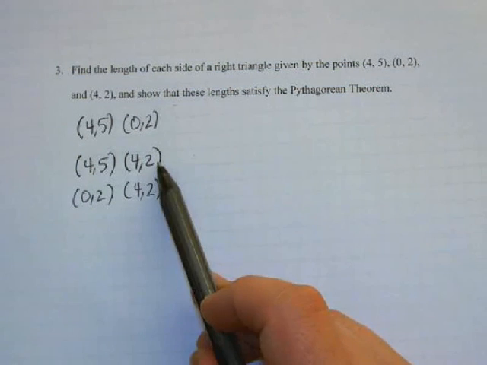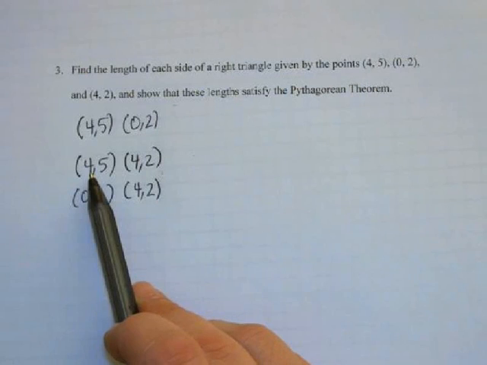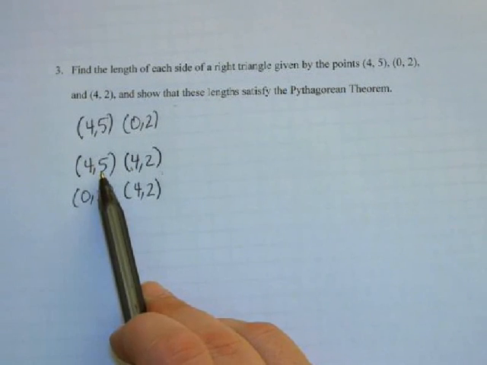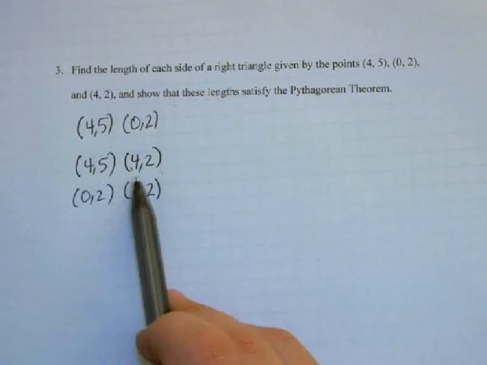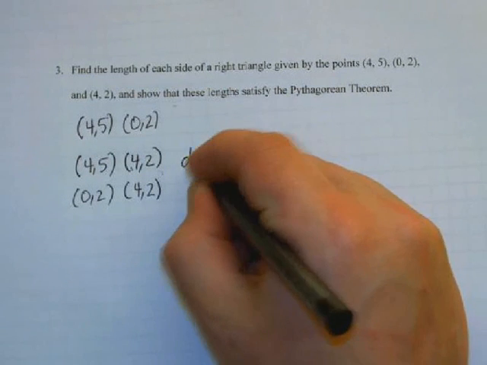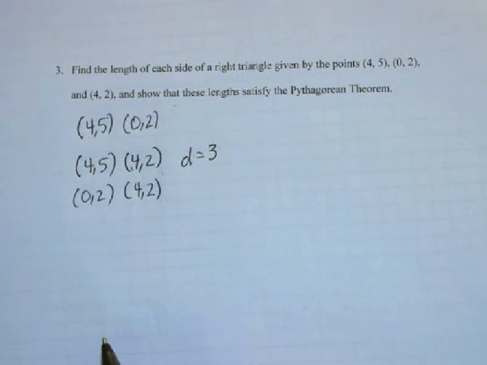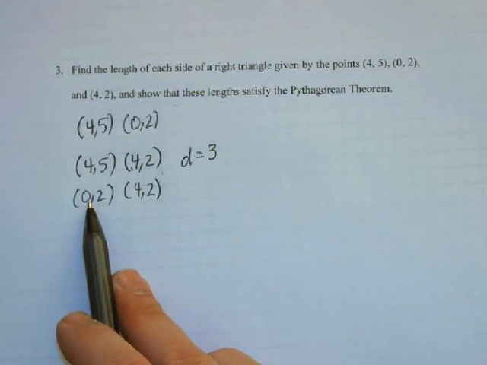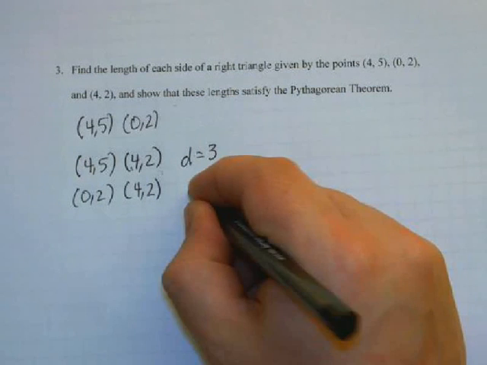Now, for these two, notice that they have a common coordinate. So here we can see the distance between 4, 5 and 4, 2 is simply 3. And for the bottom set, the distance between 0, 2 and 4, 2 is simply 4.